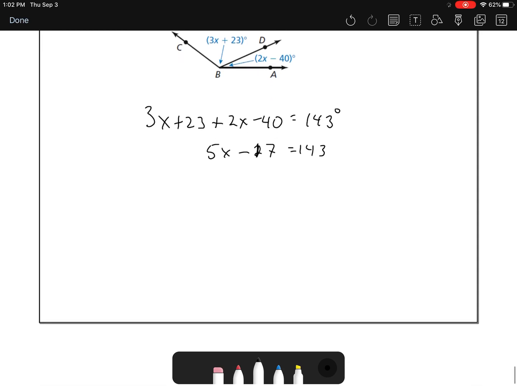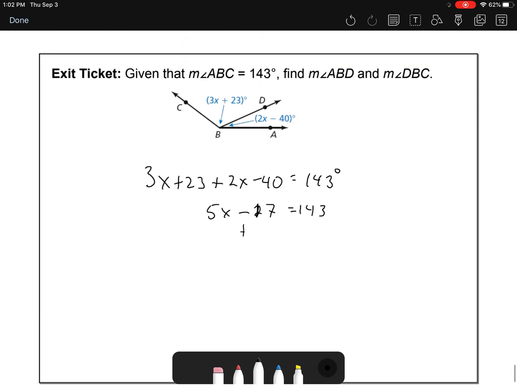No, 17. That's 17 in it. And then add 17. Whoops, sorry. Add 17. 5x equals 160. Divide by 5. That's going to be 32.